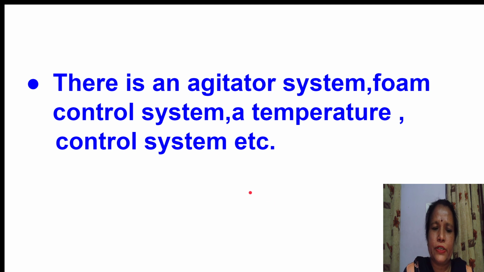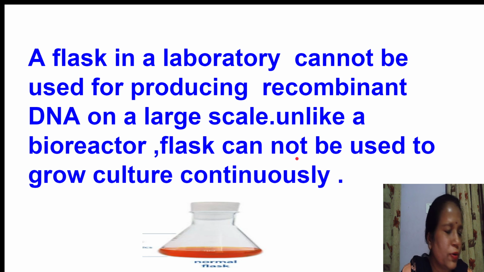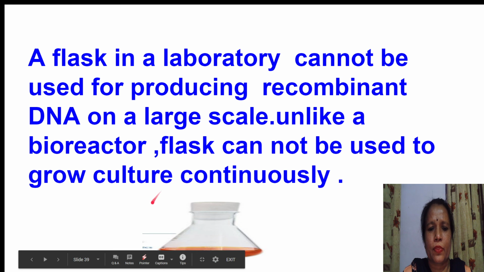In the bioreactor, there is an agitator system for even mixing, foam control system to control the foam that is formed. Temperature will also be controlled. So their pH control system is also there. These all systems are present in the bioreactors. Now, so this is a flask.